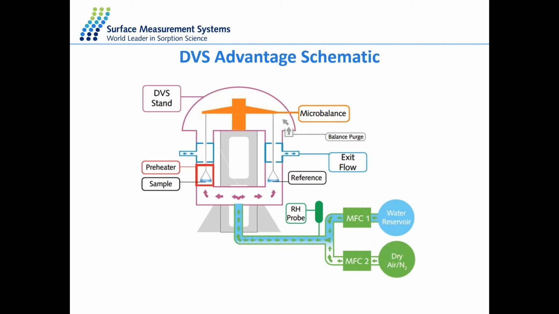It will absorb on the end-on wire, it will absorb on the sample pan. So there are multiple conditions in which the molecule can interact with different parts of the structure. However, the only thing that we really want to measure is the mass of the sample and the sample mass change related to a change in relative humidity.